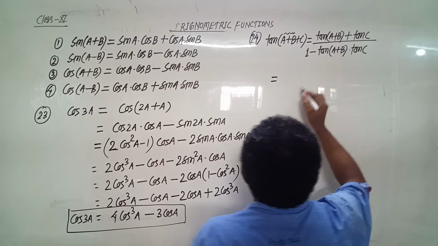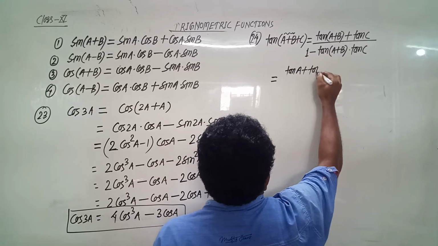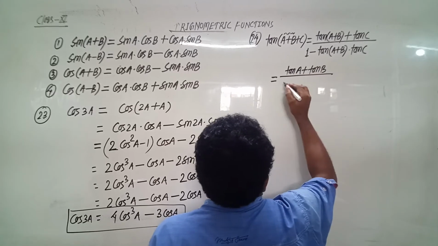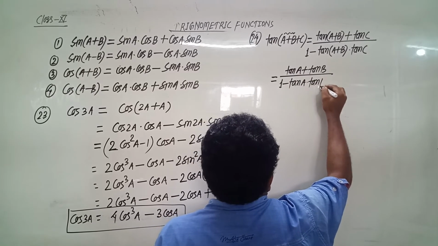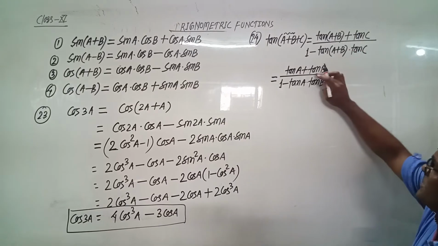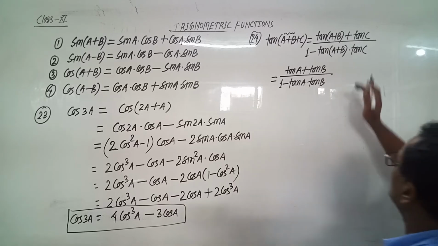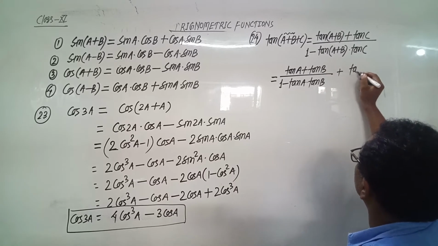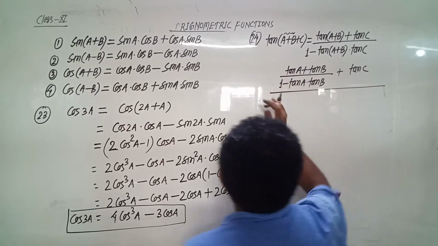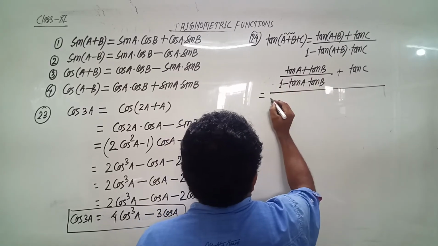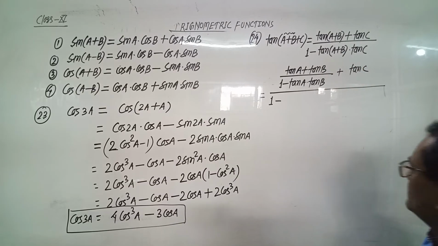Now expand tan(A plus B). So tan A plus tan B upon 1 minus tan A into tan B, and plus tan C as it is, and whole upon 1 minus, again we expand this tan(A plus B) on the formula.